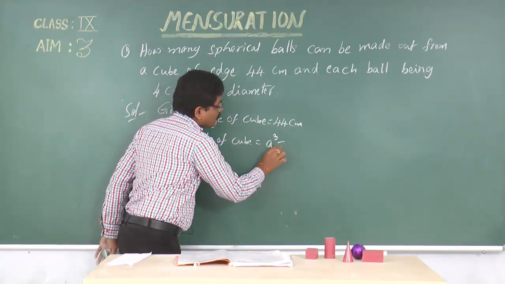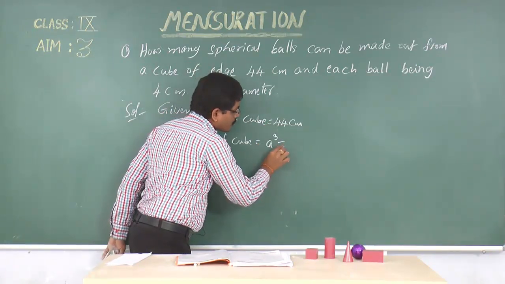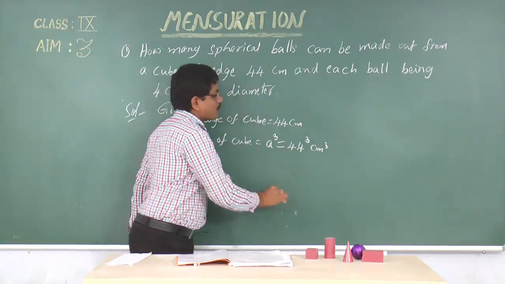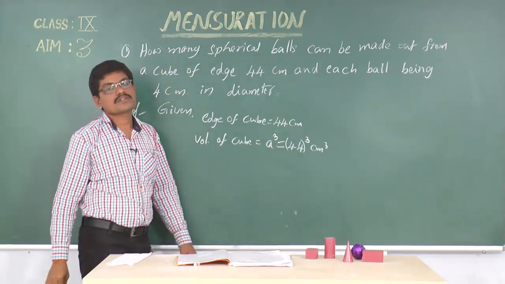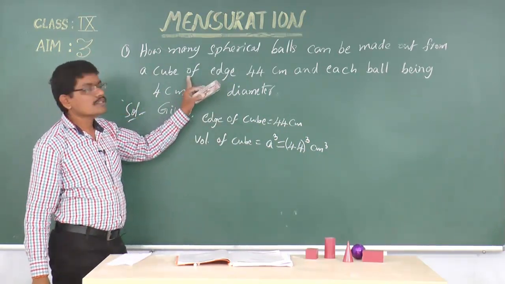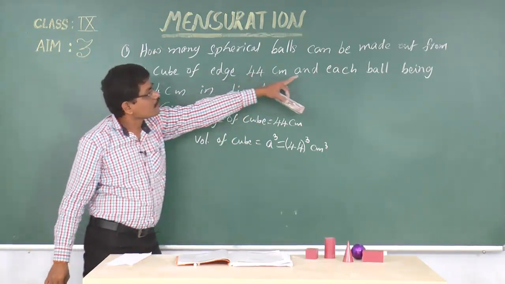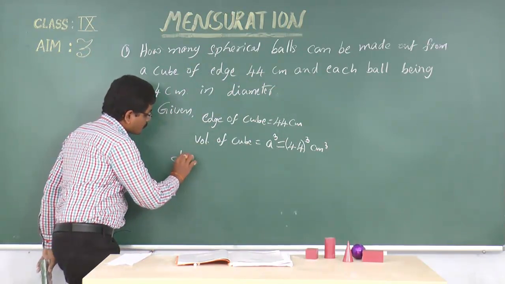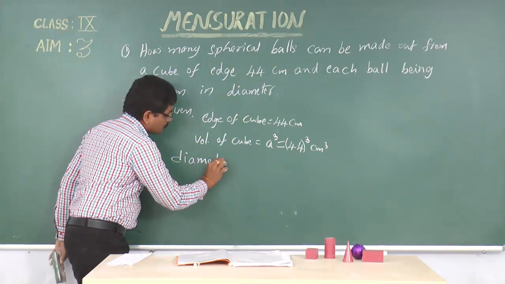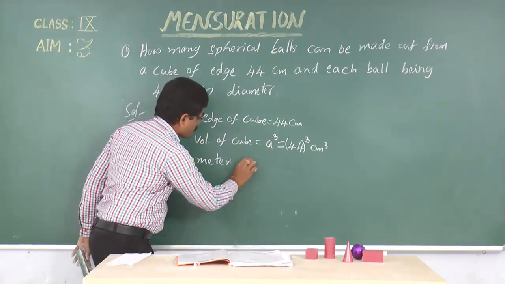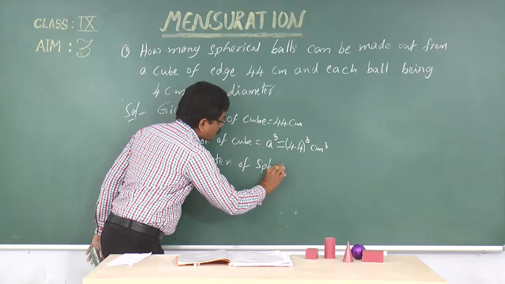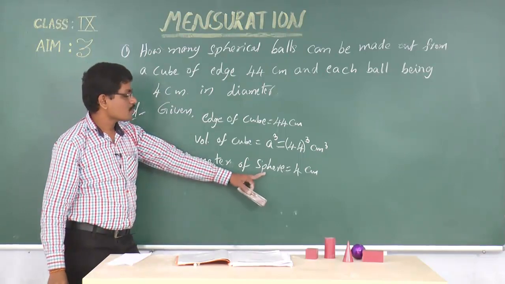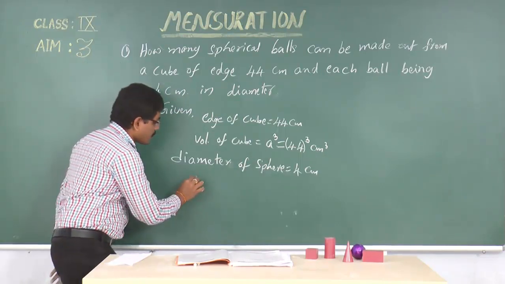Here the a value is 44, so 44 cube centimeter cube. Now this is the volume of the cube. And next, given diameter of the sphere is equal to 4 centimeters. Then find the radius.